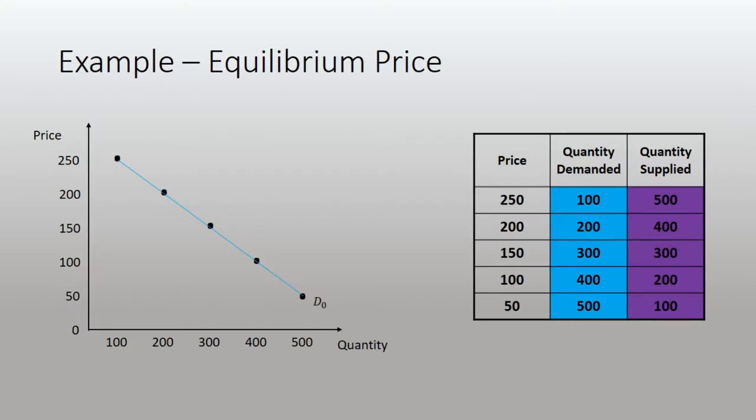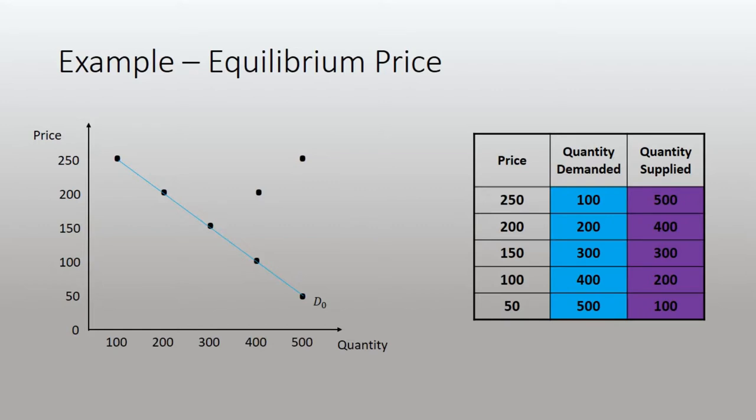We can then add our supply to the same set of axes. And we can look and we can point there to say that at 250, the quantity supplied is 500. At price 200, the quantity supplied is 400. At price 150, our quantity supplied is also 300.